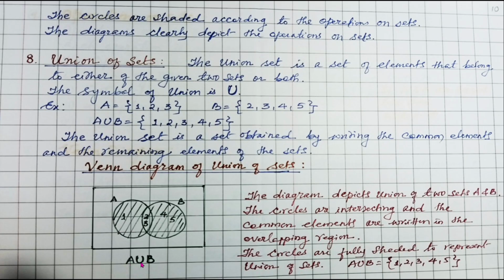So this represents A union B. So if you see the elements here, 1, 2, 3, 4, 5 within the shaded region form A union B, and that is how we represent the union of sets by the Venn diagram. So please remember that.